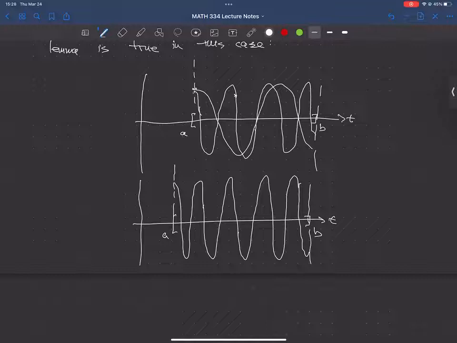And the point that I want to make is that this lobe of the harmonic function is going to cancel with this lobe. This lobe is going to cancel with this lobe, and so on.